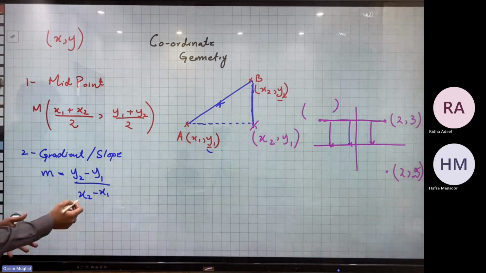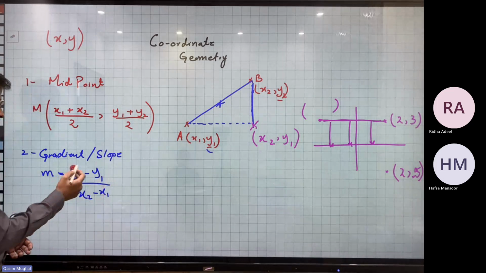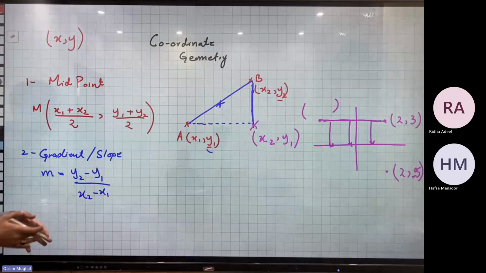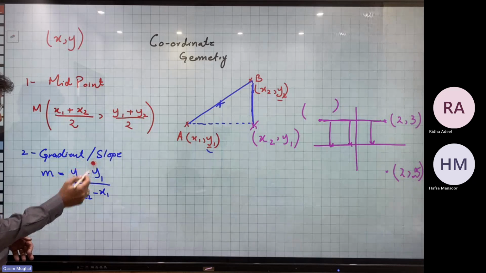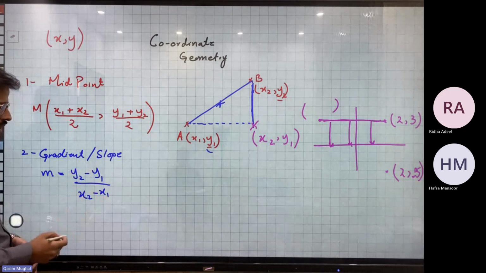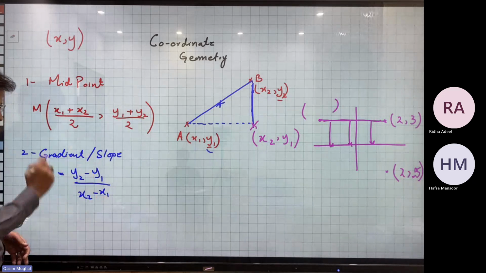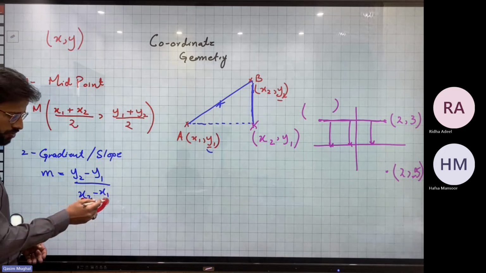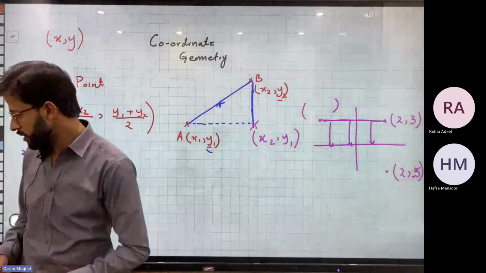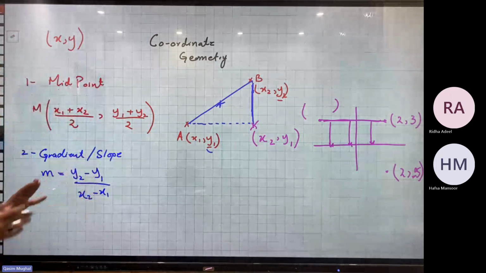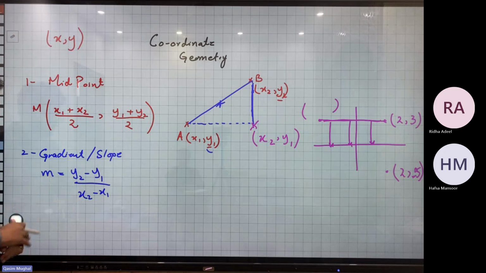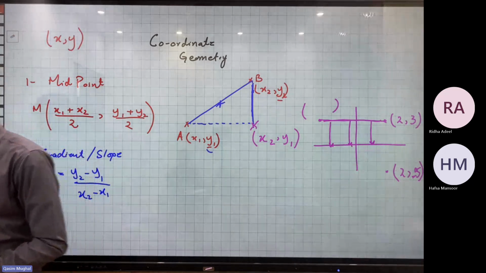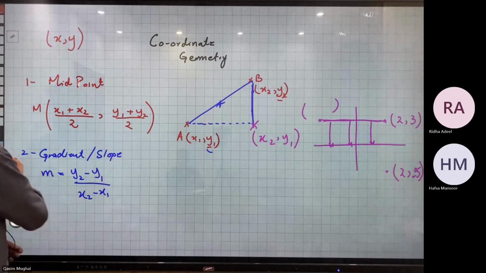Although you are thinking that you are finding the difference of the x coordinates, over here you are finding out the difference of the y coordinates, but it matters over here कि आप y2 minus y1 और x2 minus x1 ही करें. अगर ऊपर आपने y1 minus y2 किया है, तो फिर आप नीचे x1 minus x2 करेंगे, फिर आपका आंसर गलत नहीं आएगा. इसमें अक्सर ये स्टूडेंट they know the formula, but they are not able to execute it to the right answer just because of this very small mistake. इससे बचने के लिए एक आसान तरीका है, वो जब हम एक क्वेश्चन करेंगे तो फिर उसमें साथ रह बताऊंगा.